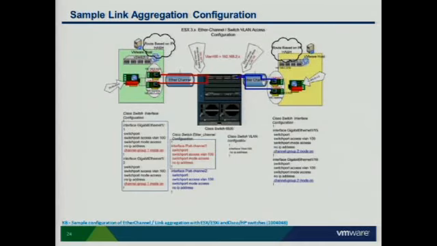And I have a sample link aggregation configuration here. We'll see that we have our interface configured for port channel 1, and the switch ports for each of the ESX hosts configured for channel group 1 with mode on. We have 2 ports configured similarly, so they're in the same EtherChannel port channel. We want to make sure that when you set that up, it's configured properly.